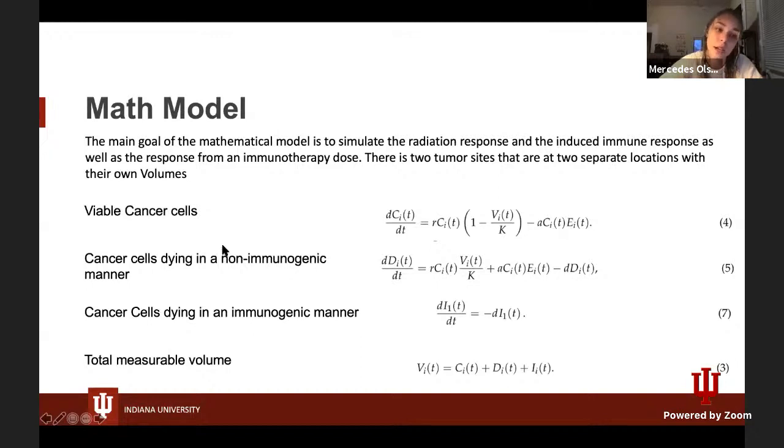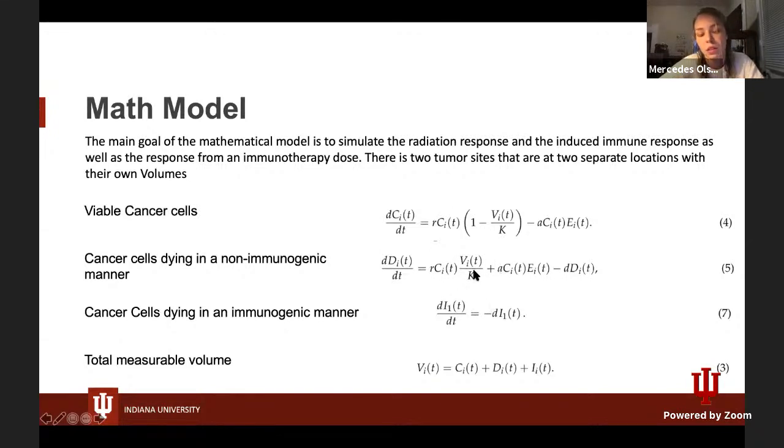Then they have the cancer dying cells in 2 ways, both the non-immunogenic manner and the immunogenic manner. And the non-immunogenic manner, which is denoted by D, you see that there's this rate here, again multiplied by the cancer in ratio to the total volume and the carrying capacity, and then added this time with that alpha rate.